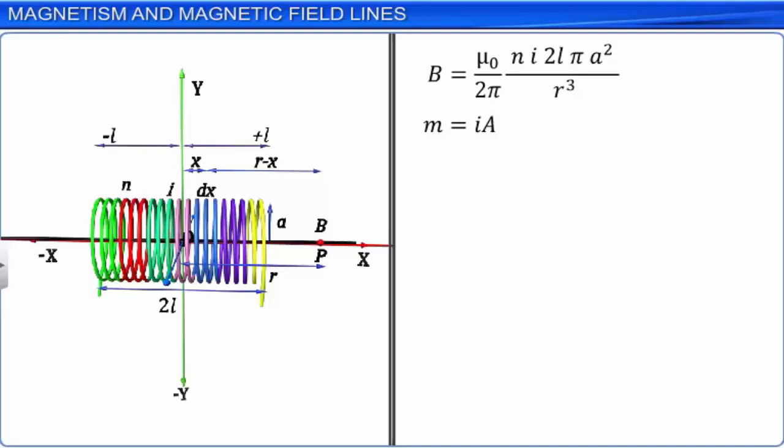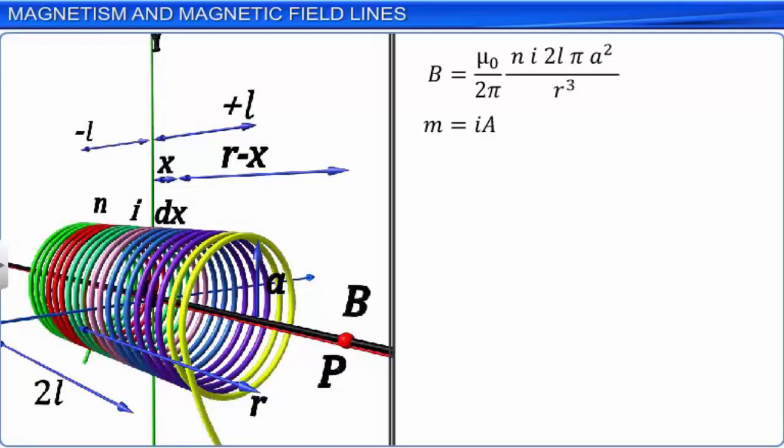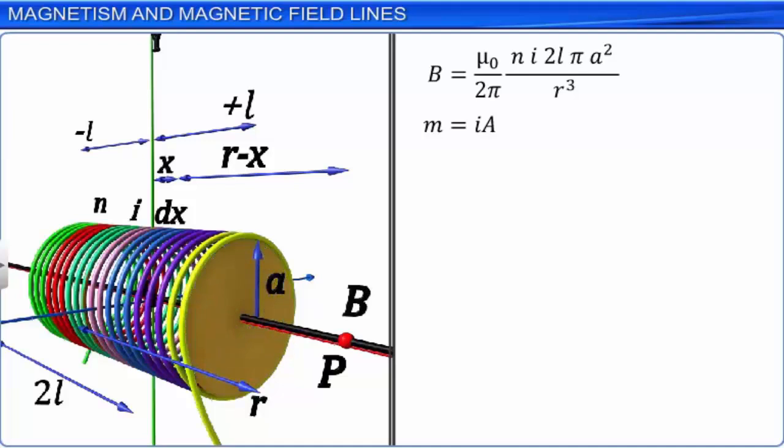Thus, the area of each loop of the solenoid is π A². The total number of loops in the solenoid is n into 2L, and hence the magnetic moment of the solenoid M = n 2L I A, which is equal to n 2L I π A².